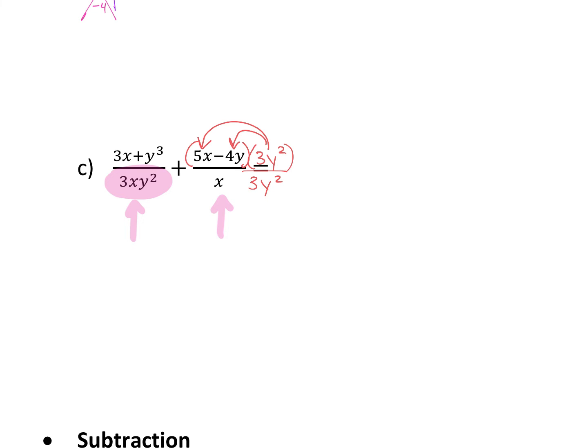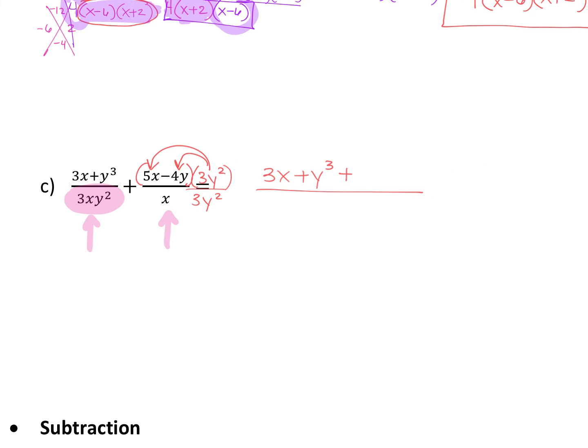So on top right now, you have 3x plus y cubed, plus, and now we're going to distribute. 3y squared times 5x is 15xy squared. 3y squared times a negative 4y is a minus 12y cubed. And that whole thing goes over our common denominator, 3xy squared.